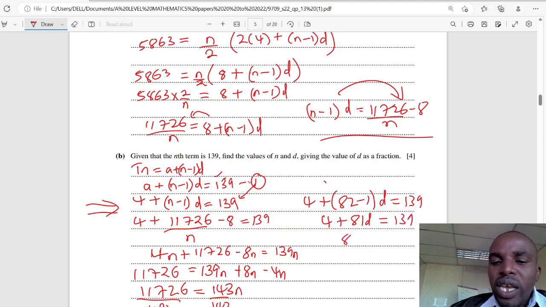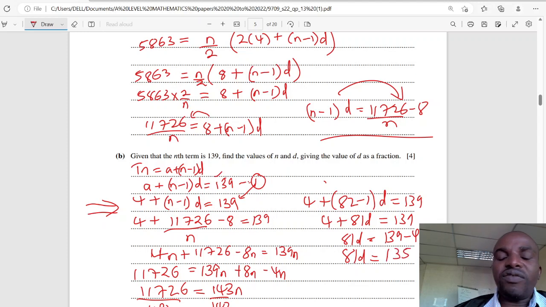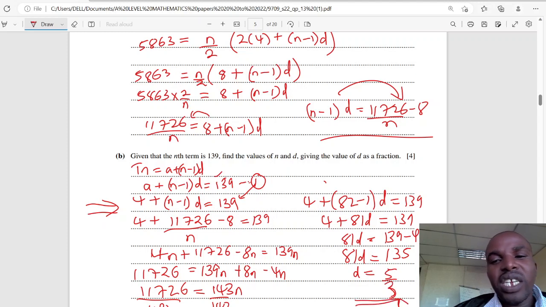Then it will be 81d is equal to 139 minus 4. 139 minus 4 is 135. Then you divide by 81. So it's 135 divided by 81, it's 5 over 3. So your d will be equal to 5 over 3. Then you can say done.